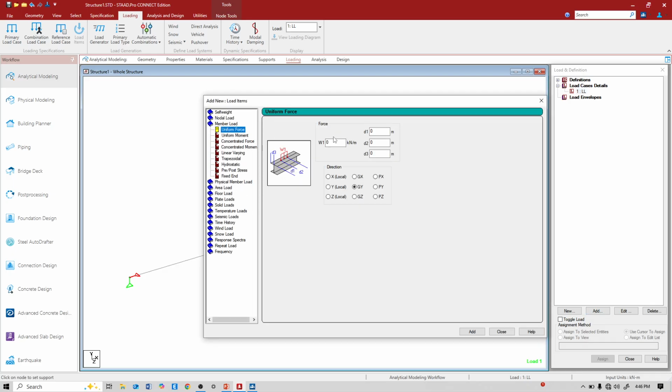Go to member load and then click on concentrated moment. See this. Use thumb rule for this Z direction arrow.